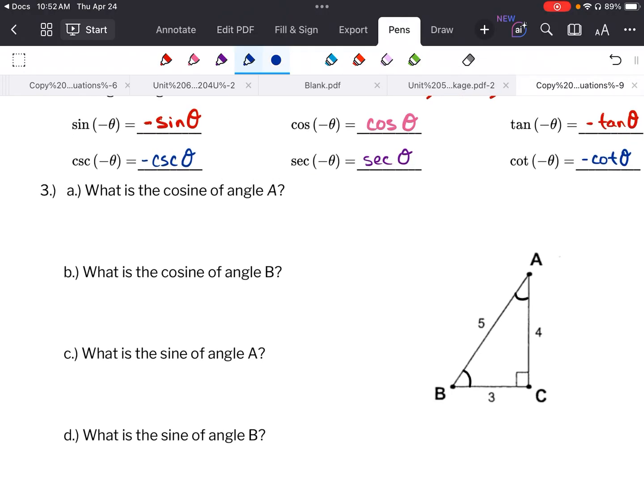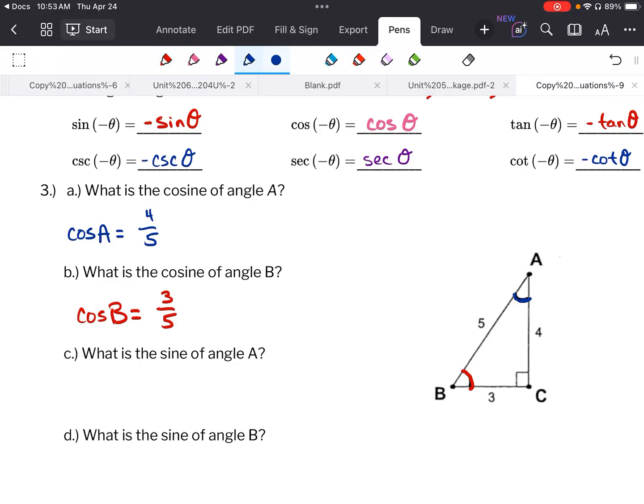Okay, what is the cosine of angle A? We see that for angle A up here, cosine is adjacent over hypotenuse, so the adjacent is 4, the hypotenuse is 5. What is the cosine of angle B? Angle B is down here, so for cos of B, the adjacent changes to 3.